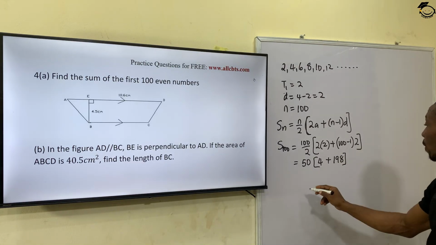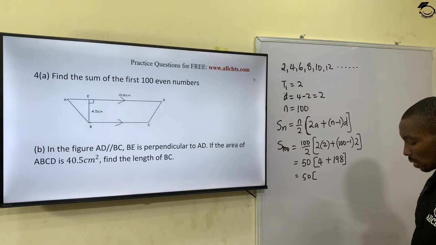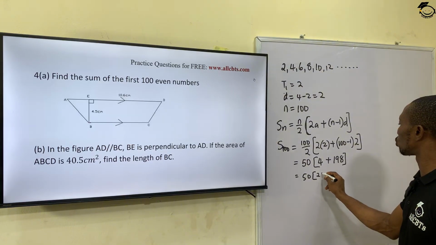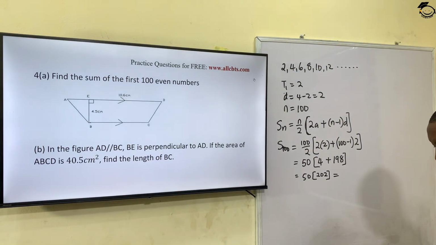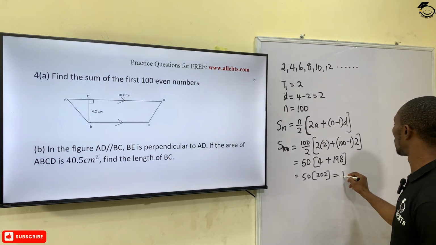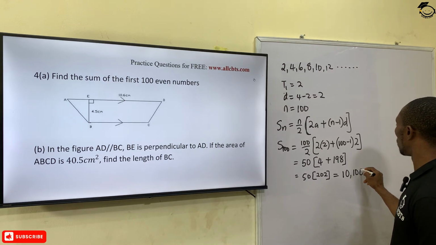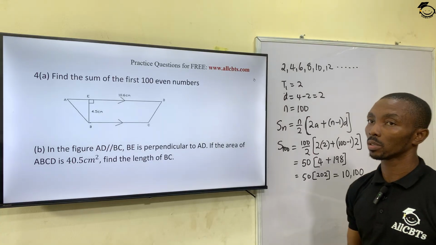So here we have 50 times 198 plus 4, which gives us 202. So 50 times 202 would give us 10,100. So the sum of the first 100 even numbers will be 10,100.